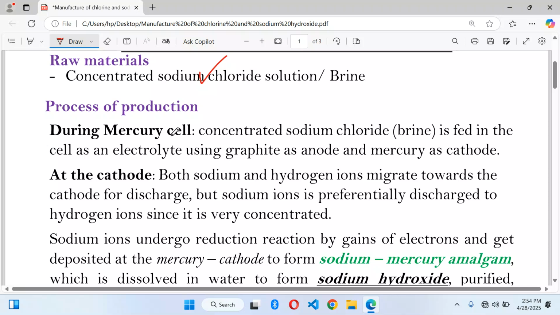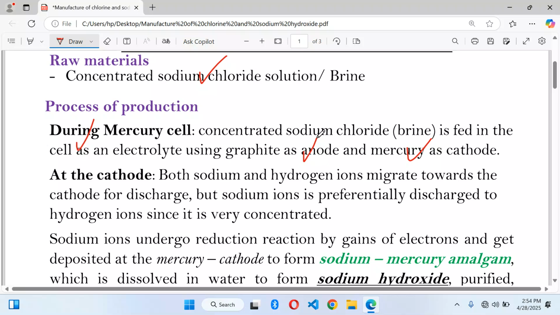During the mercury cell, concentrated sodium chloride, which is brine, is fed in the cell as the electrolyte using graphite as anode and mercury as the cathode. So the mercury is the cathode and graphite is acting as the anode.